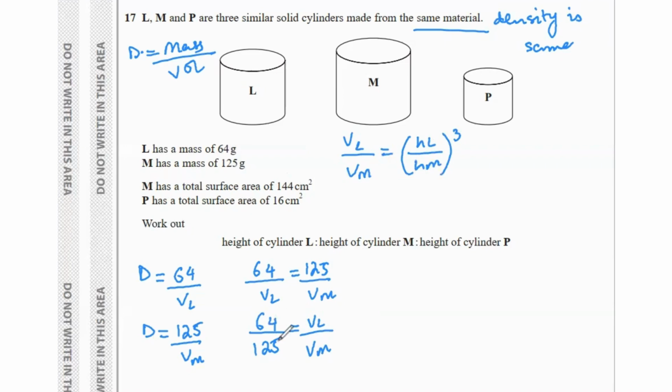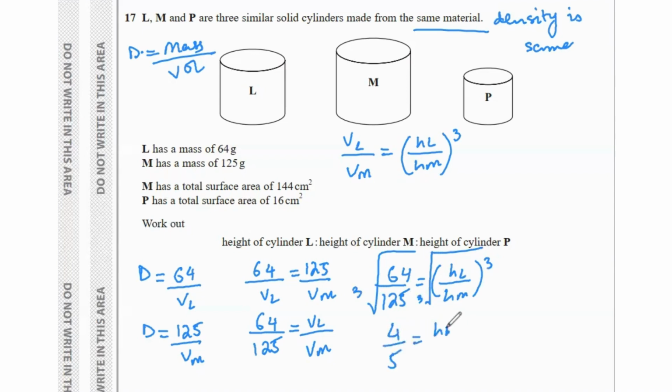So that means 64 over 125 can be put equal to this, and we can find the height of shape L and M. So 64 over 125 equals HL over HM cubed. Take the cube root, and that gives us 4 over 5 for HL and HM. So we have a ratio for HL and HM.